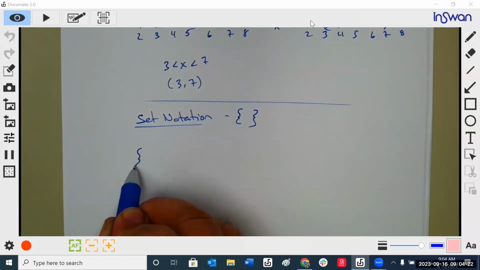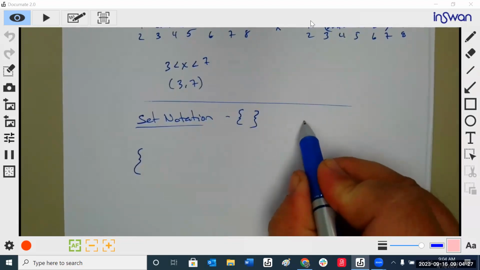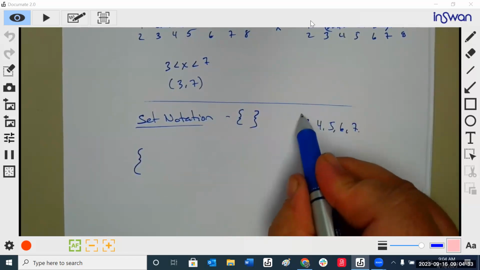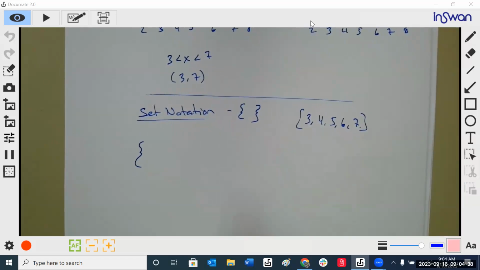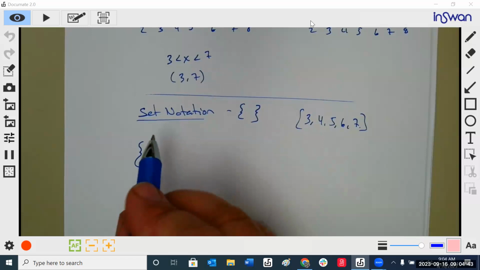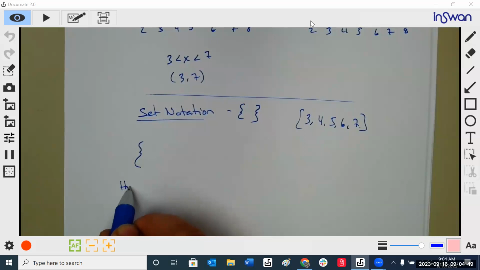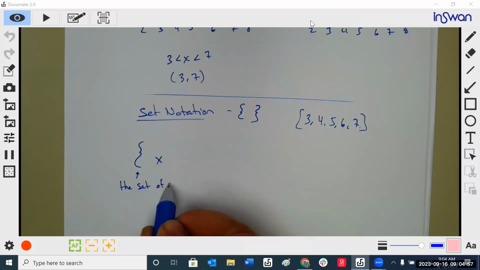So let's say I want to use our numbers 3, 4, 5, 6, 7. I want to use all these numbers. What it says is the set, that's what this symbol means, of X. These are my variables.